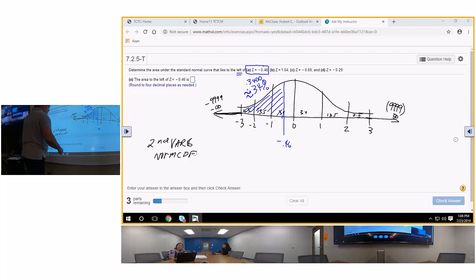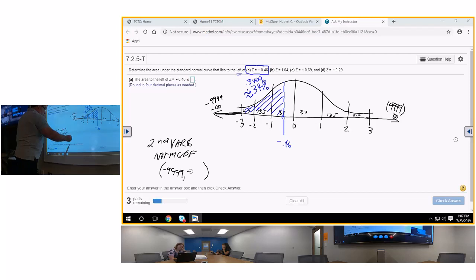Use your calculators. However, if you got an old one, which way do we read? Left to right. So what comes first? -9999, comma, and what comes after that?